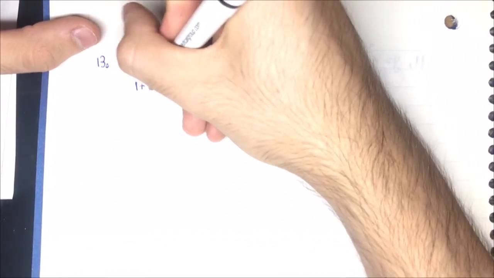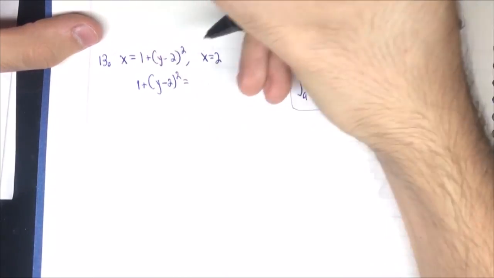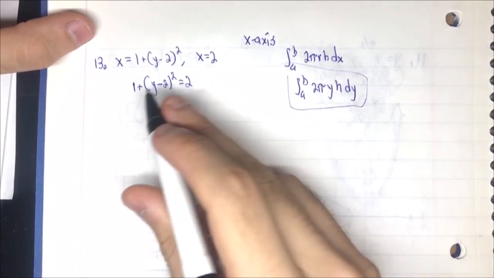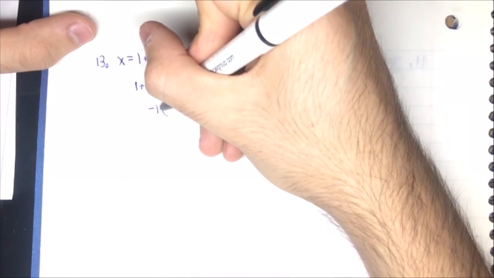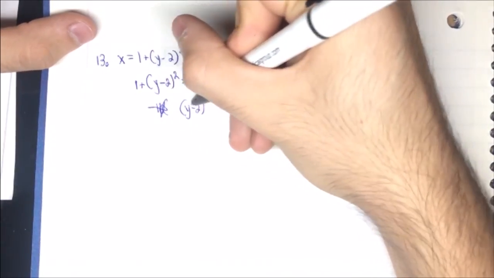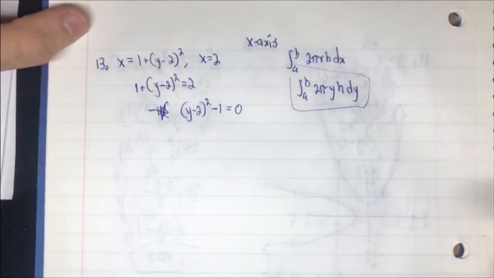So let's do that. 1 plus (y minus 2) squared is equal to 2. And then we can subtract the 2 onto this side, so that means it would be negative 1. It would be (y minus 2) squared minus 1 is equal to 0.